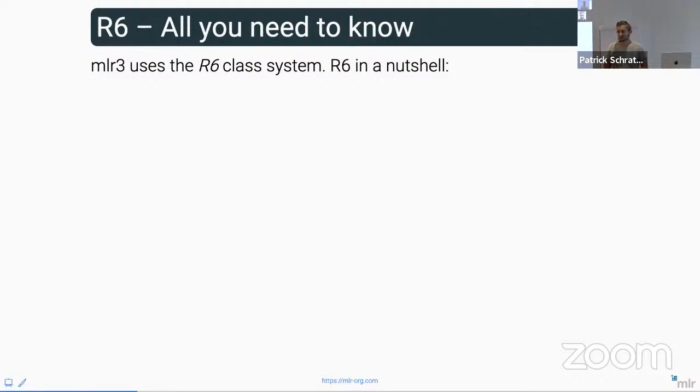And R7 should be something in between R6 and S3. So if all of that doesn't have any meaning to you, don't worry about it. You don't need it for modeling. It's just a bit of internals. But I just wanted to mention that there are recent developments even making this easier.